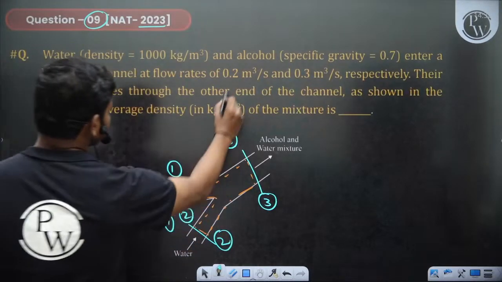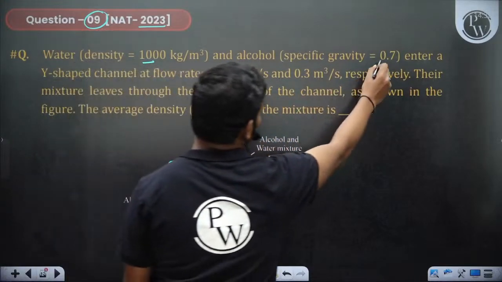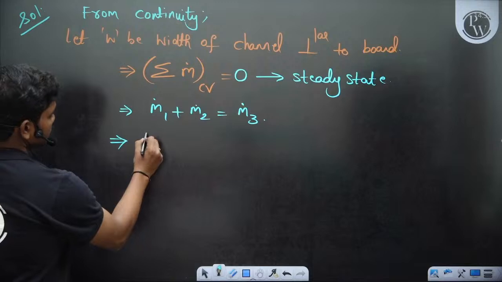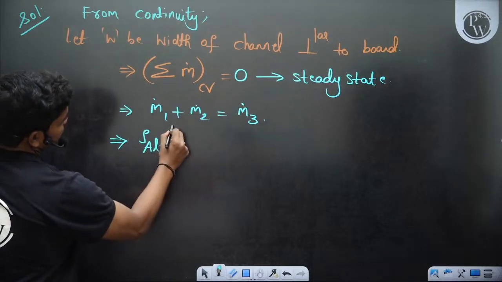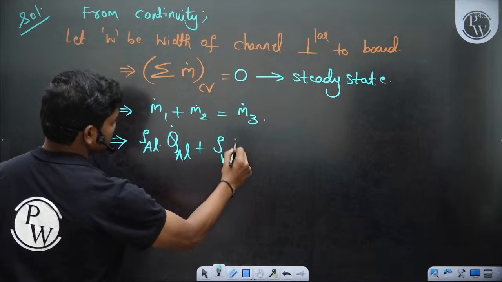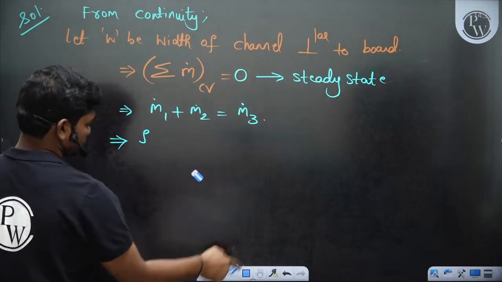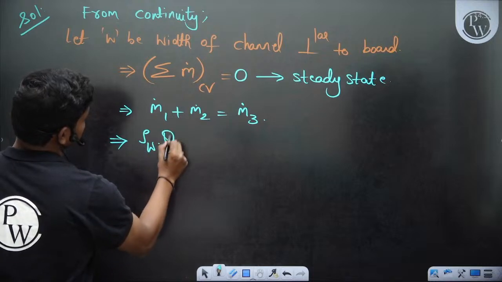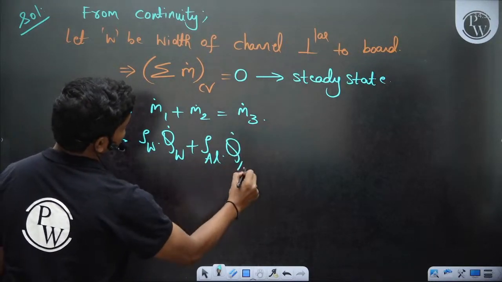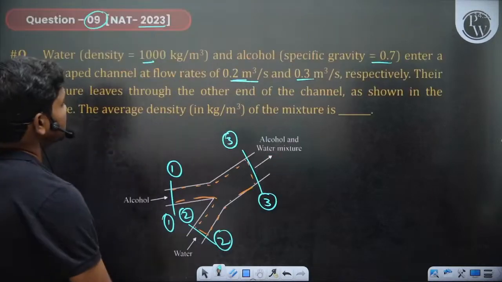So the discharges are given: water of density 1000 and flow rate of 0.2, alcohol of specific gravity 0.7 and discharge of 0.3. So we can write rho alcohol into q dot alcohol plus rho water. First water is given, so let's write sequentially: density of water, discharge of water, density of alcohol, discharge of alcohol is equal to rho mix into the discharge of the mixture.